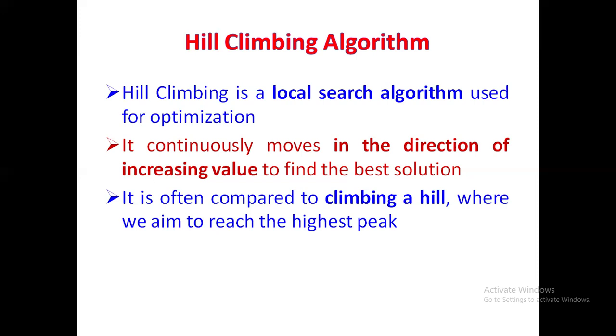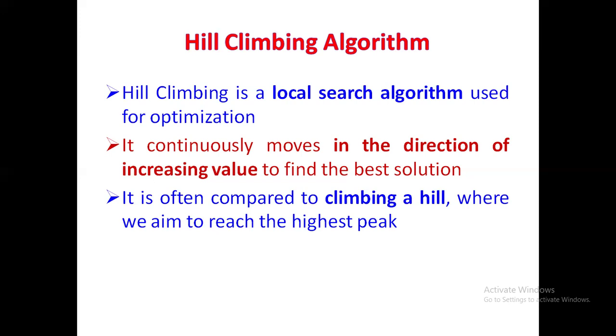It always selects the neighbor with the highest value, similar to a climber who always moves uphill to reach the highest peak in a landscape. This method is widely used in machine learning, robotics, scheduling, and game AI as it provides a simple and effective way to solve optimization problems.